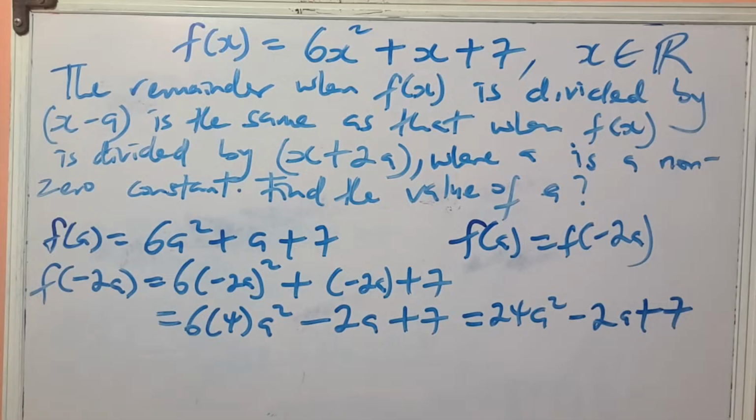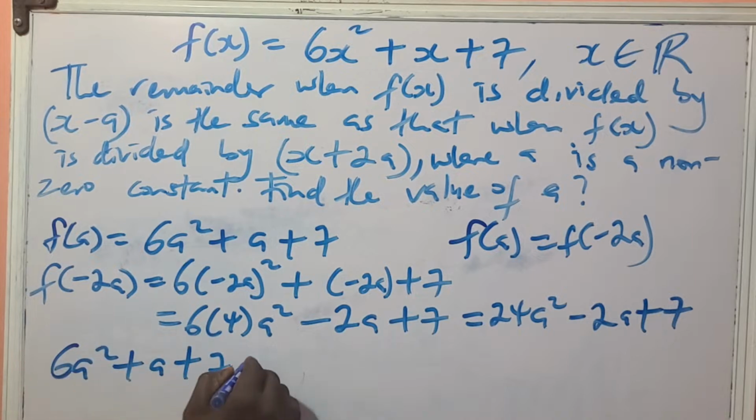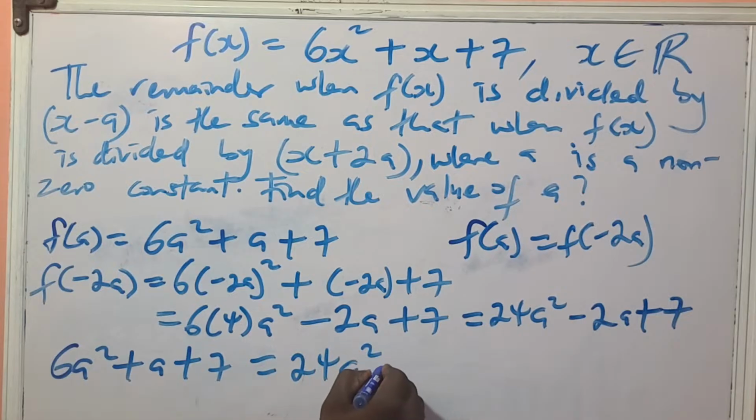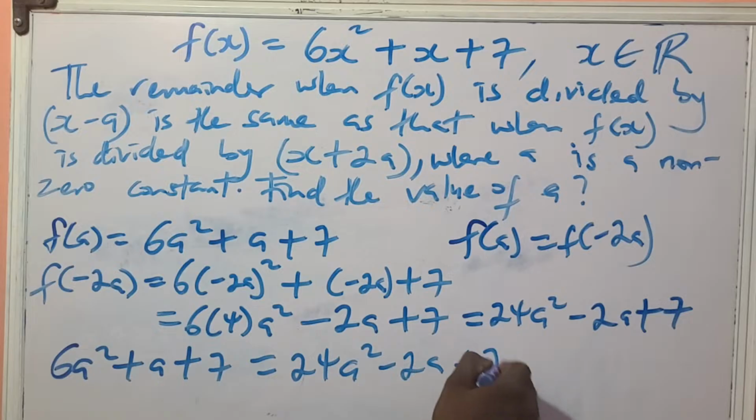That means I'm okay to say 6a squared plus a plus 7 is equal to 24a squared minus 2a plus 7. I'm sure you guys are following. All right.